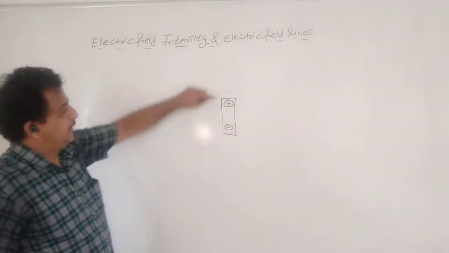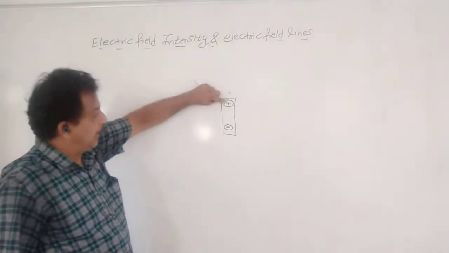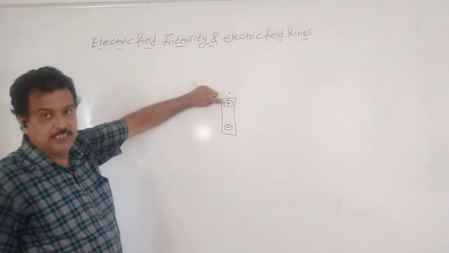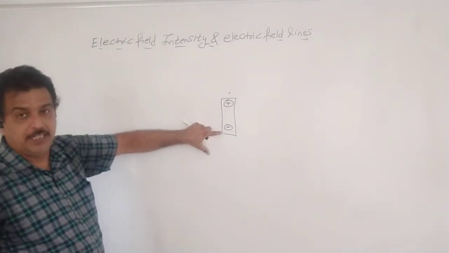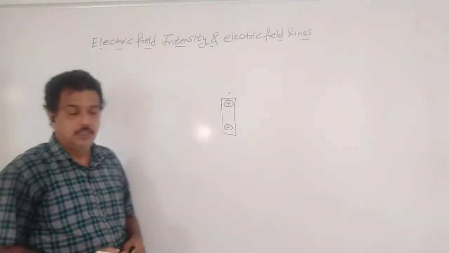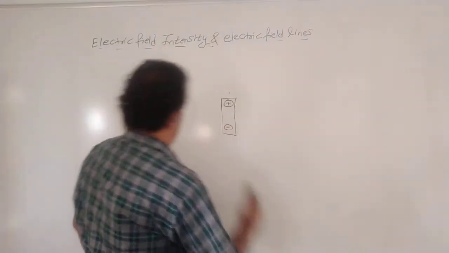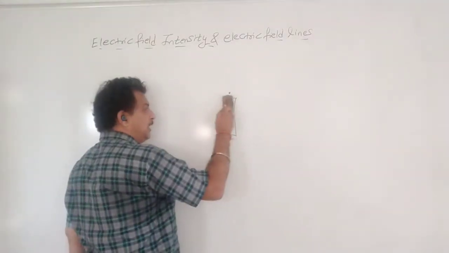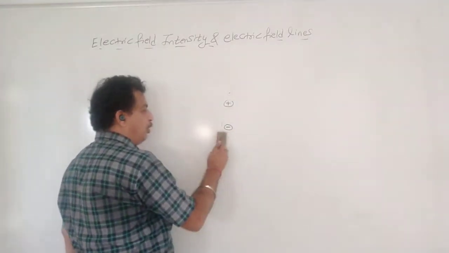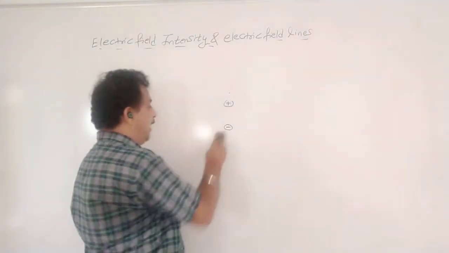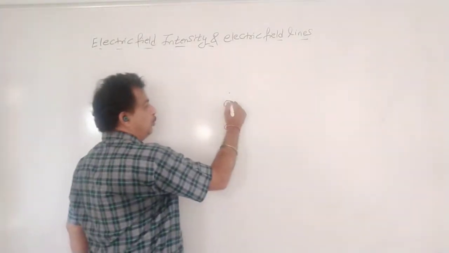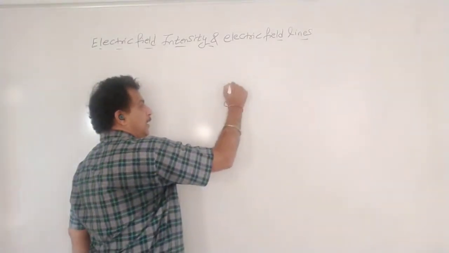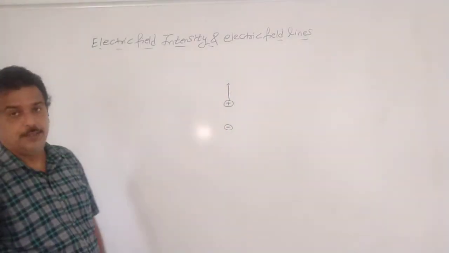Now if I keep a test charge here, there will be a force of repulsion by this positive charge, and there will be a force of attraction by this negative charge. Because you are near to the positive charge, the magnitude of repulsion will be more as compared to attraction. So the resultant comes out to be outward.